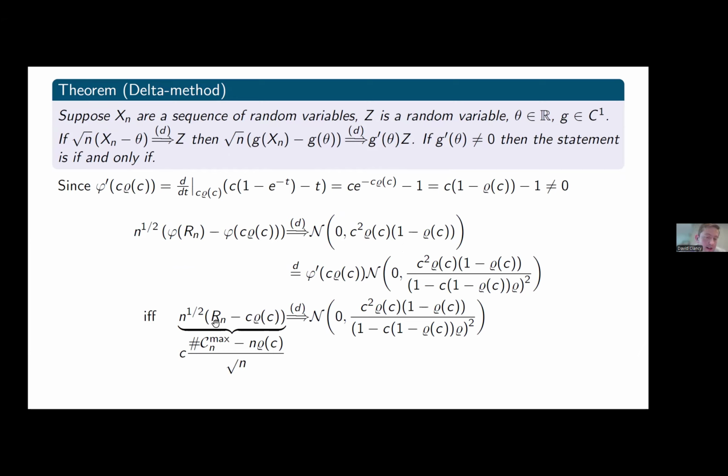And up to a little o of 1 error term, the left-hand side over here is precisely the CLT that we want for the giant. And this is how you can get the central limit theorem for the size of the giant of the Erdős-Rényi graph. And you can do this also for some inhomogeneous models that are rank 1, if you know what those are.